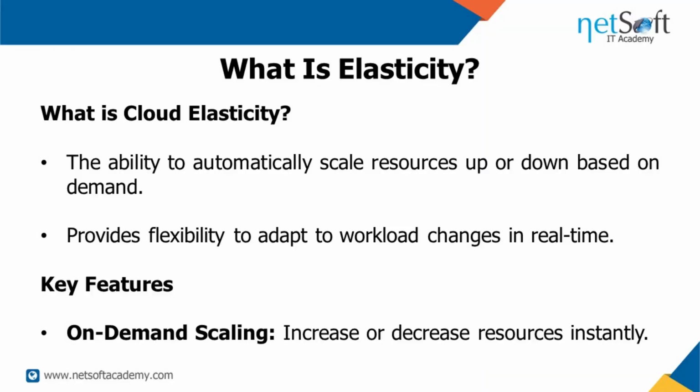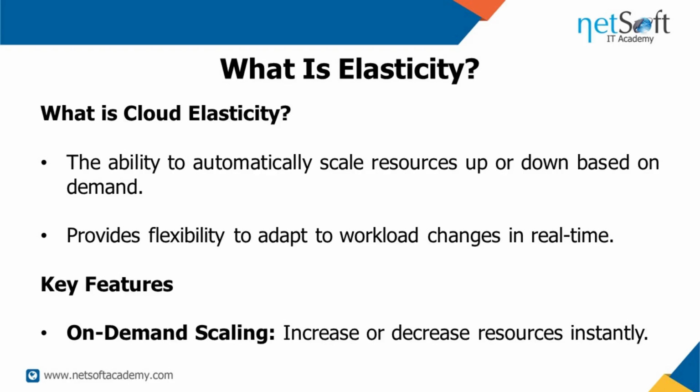So the first question is, what is elasticity? Specifically, what is cloud elasticity? Well, cloud elasticity refers to the ability of cloud systems to automatically scale resources up or down, in and out, based on the demand or the spike.